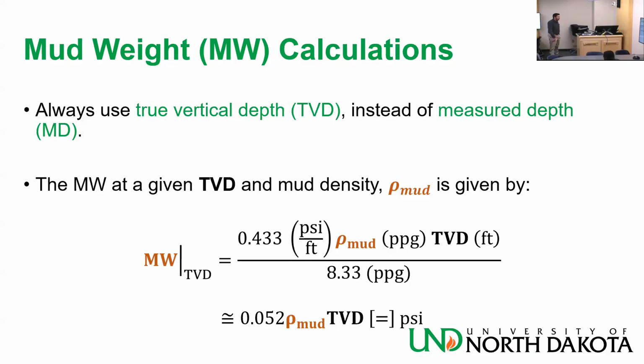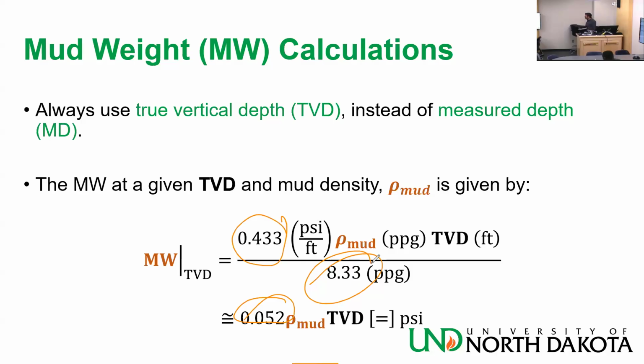This 0.052 is a very famous conversion factor in drilling, so I want you to know it. I'm not going to give you 0.052 in an exam, but I will give you 0.433 and 8.33. You take one, divide by the other, you get it. But you have to have 0.052 on the tip of your tongue because you are going to use it in your career if you do anything related to drilling.